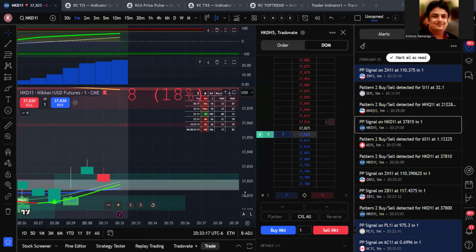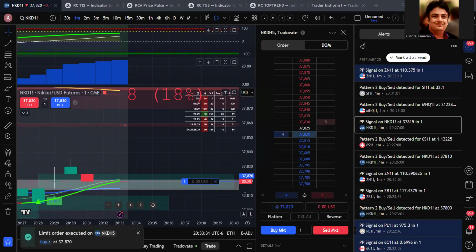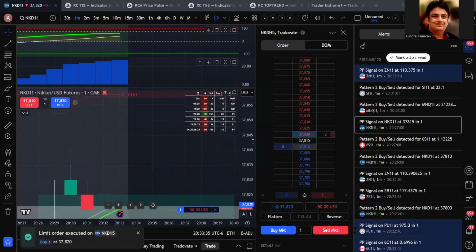I put a limit order on NKD at 37,820. I took a long position on NKD.